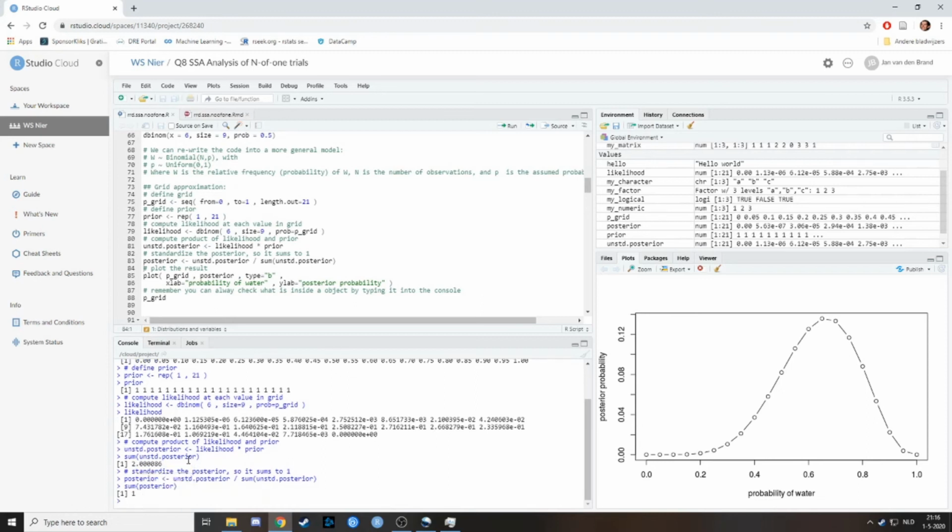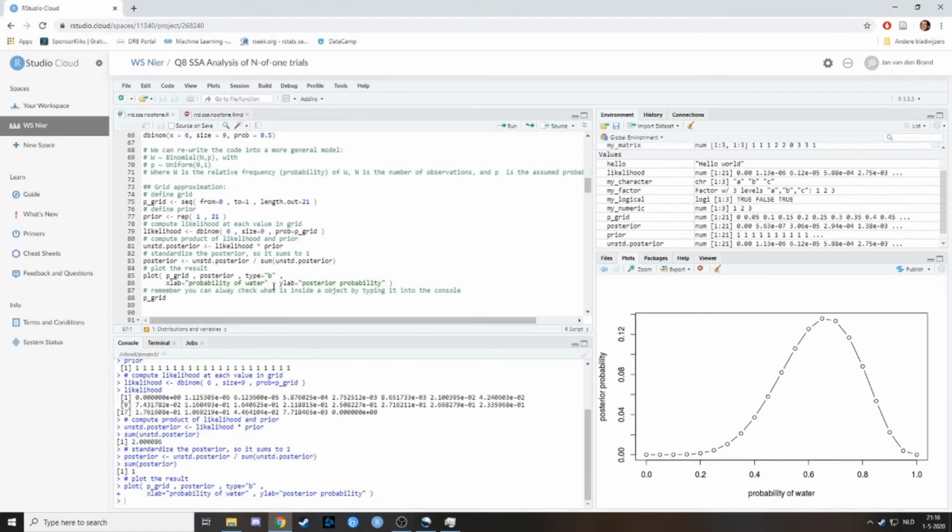So the posterior ranges between 0 and a maximum of 1. Actually what this means is that we have returned probabilities, and you've already seen it here on the right-hand side. This is the probability plot.